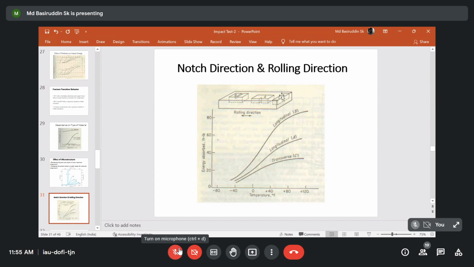If you put the notch in a particular direction, you are intentionally forcing the crack propagation to happen along the rolling direction or along the transverse direction. Then the grain boundary area will change along the rolling direction, the transverse direction, and even the thickness direction, and depending on that, your energy absorption capacity will vary.